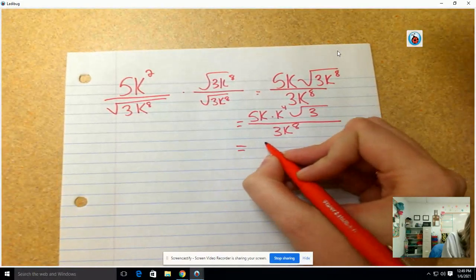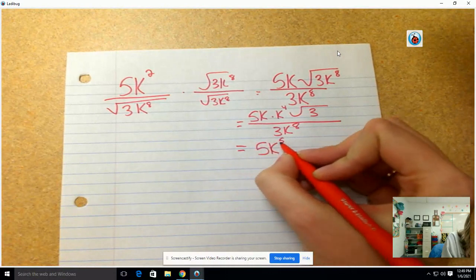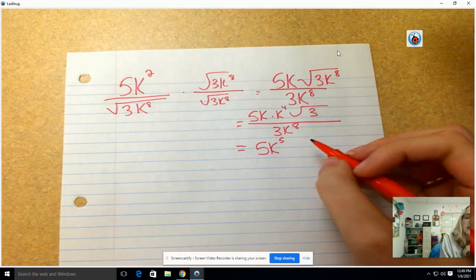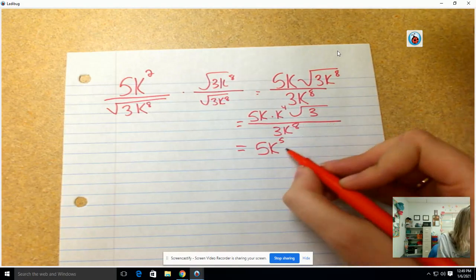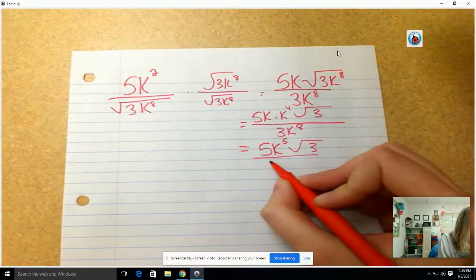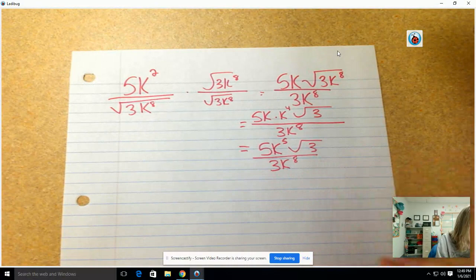Combine like terms, that's going to give me 5k to the 5th, because 1 plus 4 is 5, radical 3 over 3k to the 8th.